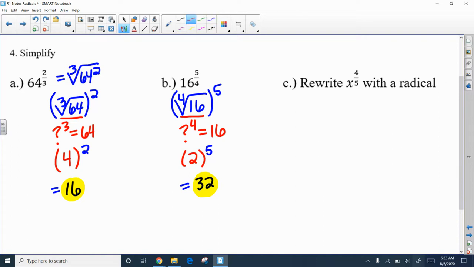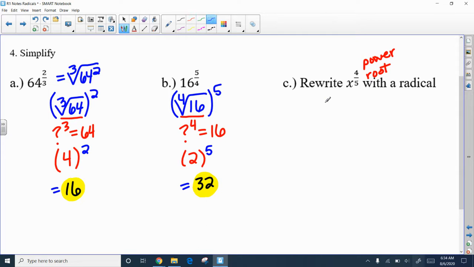We cannot actually get a numerical answer in this case because our base is a variable. So on this one, the 4 is going to stay the power, and the 5 is going to be the type of root. So there actually are two ways we can write this.